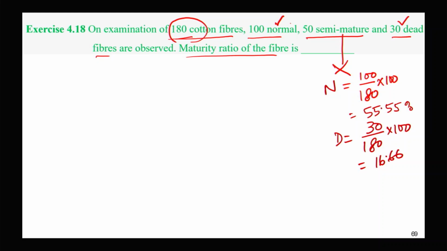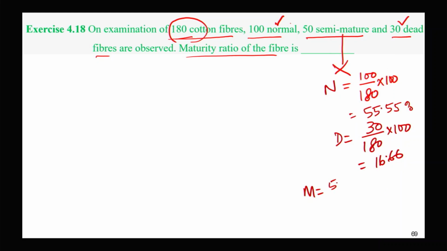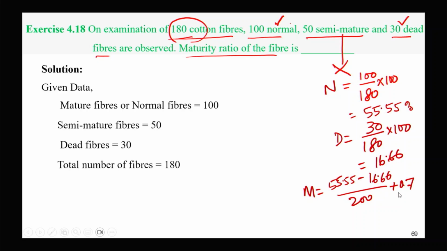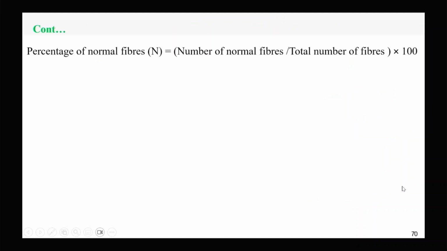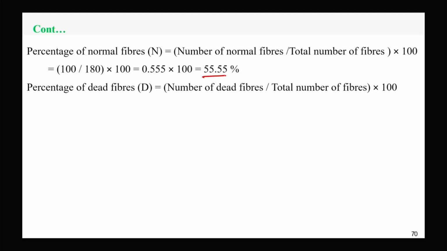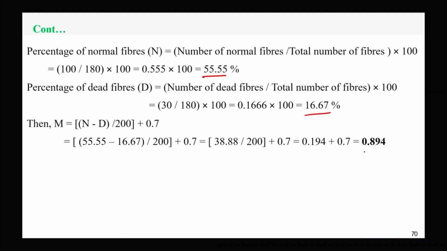Then we can use the formula M equals (N minus D) by 200 plus 0.7, so (55.55 minus 16.66) divided by 200 plus 0.7. Using this equation, with normal fiber percent 55.55 and dead fiber percent 16.67, we can calculate the maturity ratio. It's 0.894.